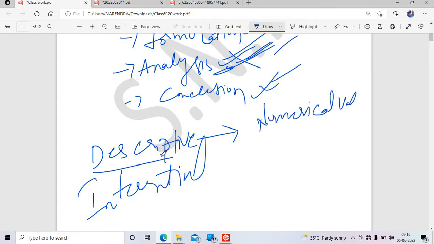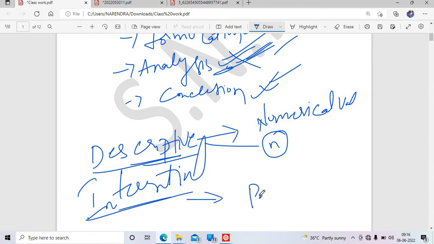Our total work will be based on n. But in inferential statistics, we will discuss that later also. There, population and sample play a vital role. But in descriptive statistics, we have one data set, and it is completely known.